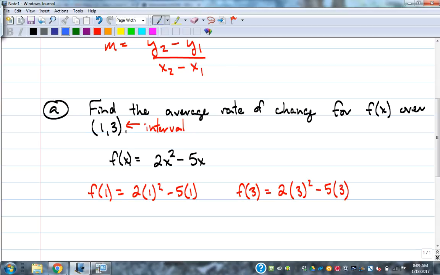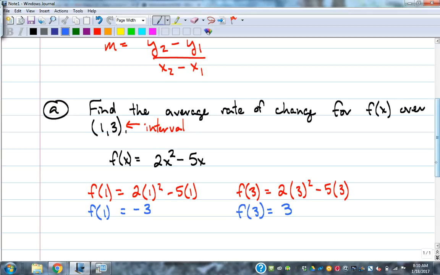So whatever the endpoints of your interval are, you're going to plug those in and get the y value that goes with that. So 2 times 1 minus 5 would be -3. And f of 3 would be 2 times 9 is 18 minus 15 would be +3, right?